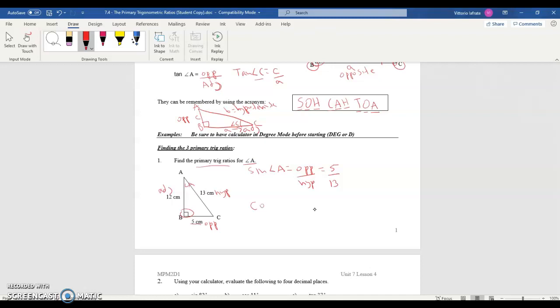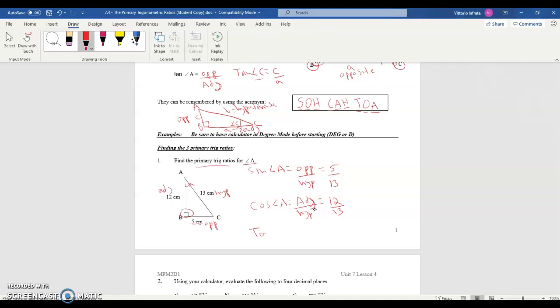You would do the same thing for cos of angle A, except cos is adjacent over hypotenuse. So we know it's adjacent over hypotenuse. In this case, for angle A, adjacent is 12. Hypotenuse is 13. So our cos ratio is 12 over 13.